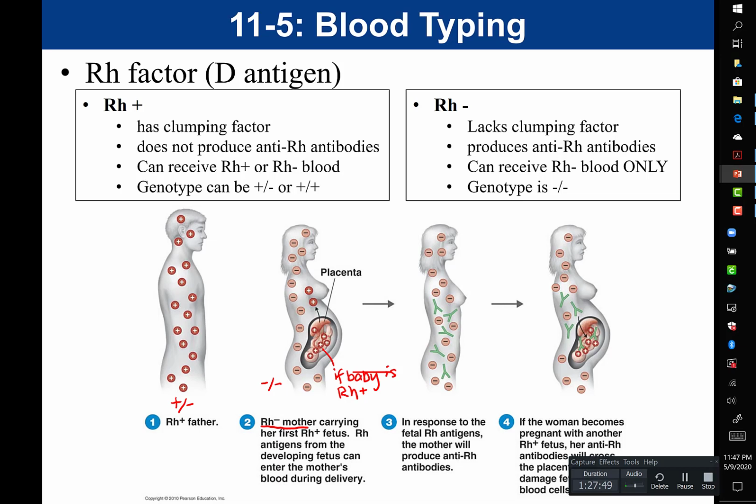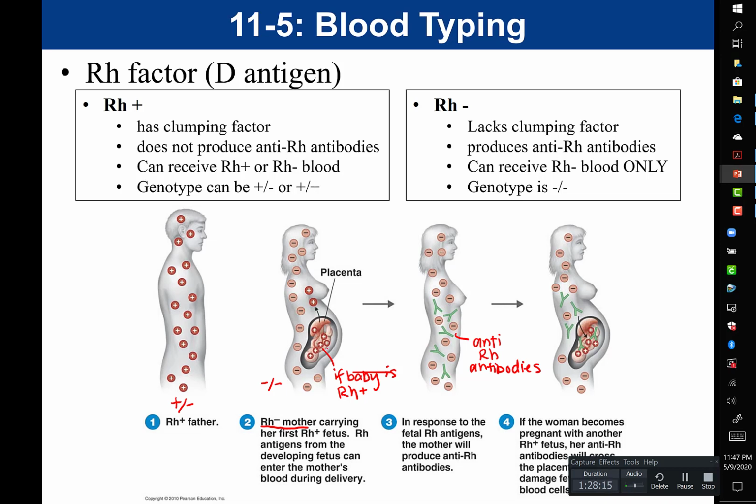Now mom's body sees that Rh positive blood, and now mom starts to produce anti-Rh antibodies. So now she has her anti-Rh antibodies. Now, first baby is out, no problem. There's no complication for the first baby. It's subsequent pregnancies.